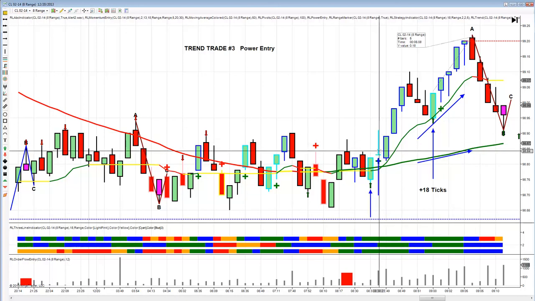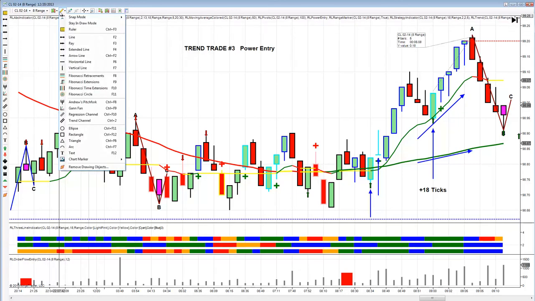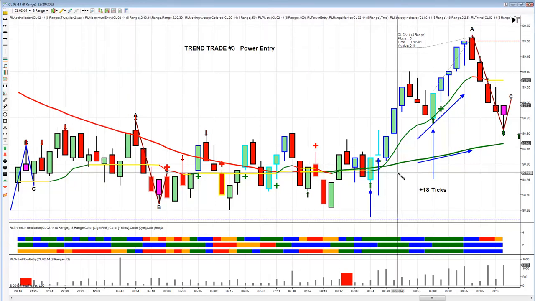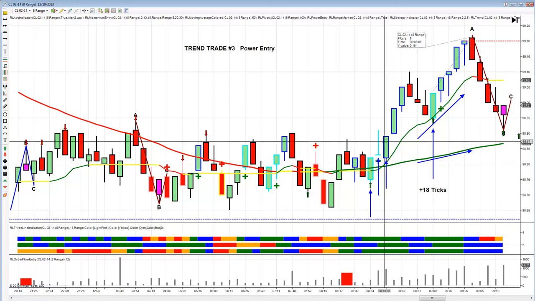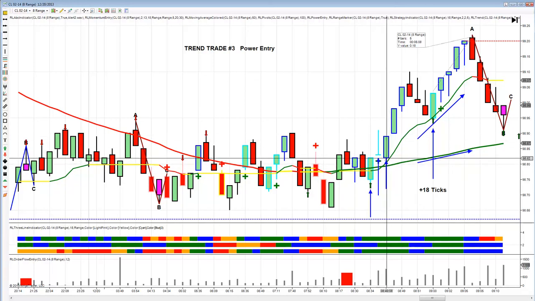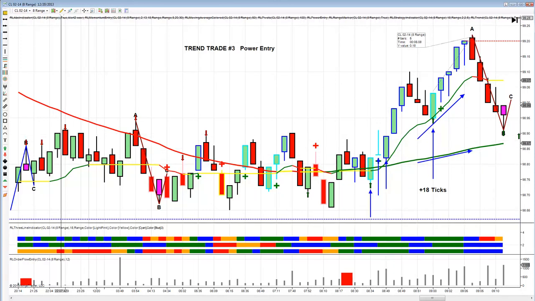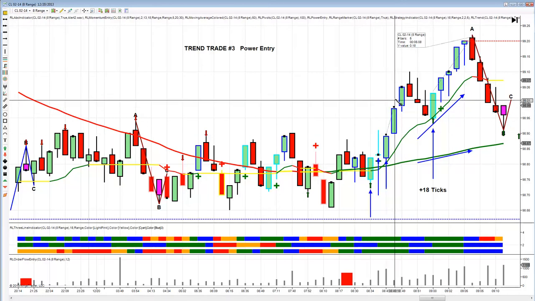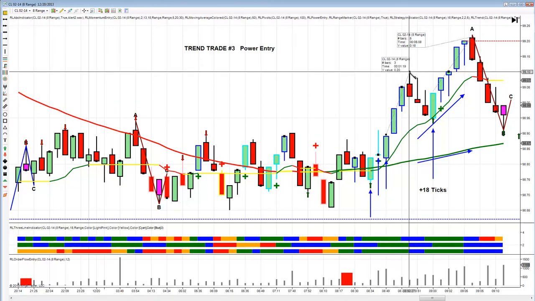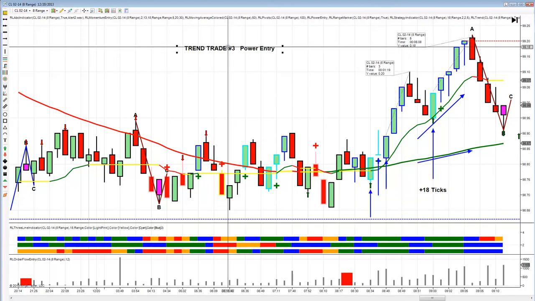Sellers are pushing buyers around. Finally, you get the kind of structural setup you want. You get that big 6, 7, or 8 tick candle body coming off the 15 on a 3-line signal. And off you go, for 20 ticks. So why don't we do a little bit of a recap?